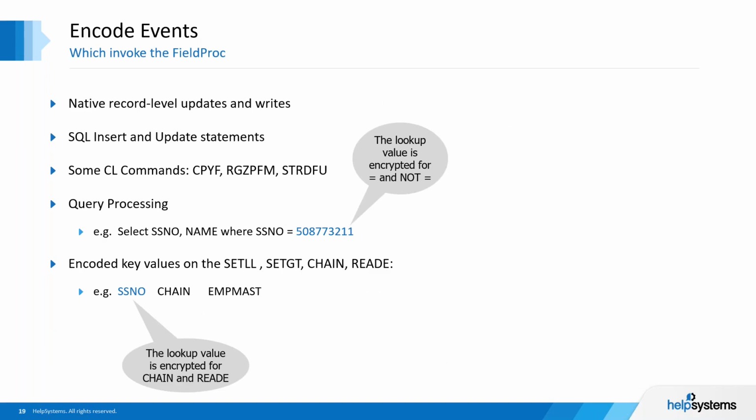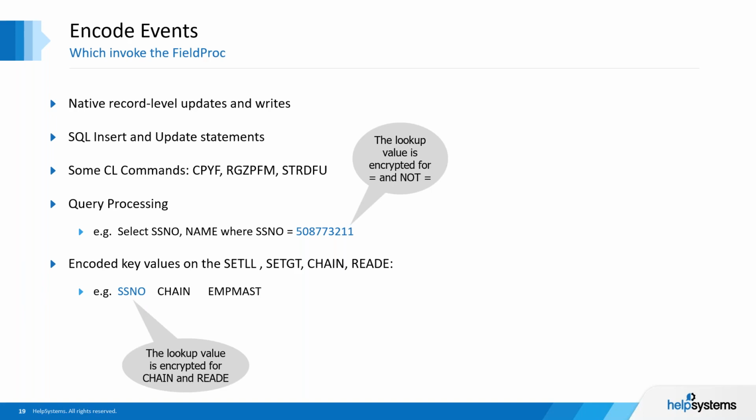Understanding what activities will invoke the field procedure is an important aspect of learning about FieldProcs. Any type of update or write to the database using native record level commands in RPG, for example, write or update, will invoke the field procedure. The intent, of course, is that the field procedure will put that plain text data into its ciphertext format before it goes to disk.